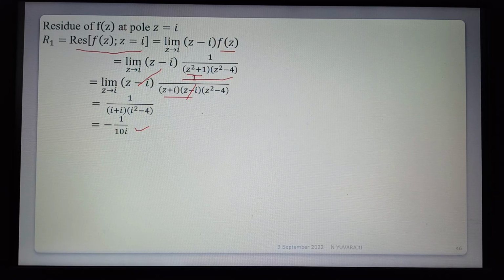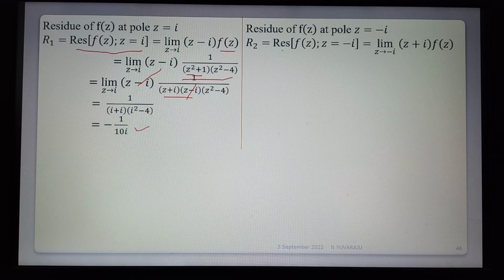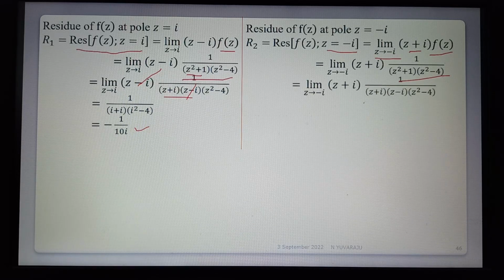The second pole is at z is equal to minus I. Now finding R2: residue of f of z at pole z is equal to minus I. So R2 is equal to the limit z tends to minus I, (z plus I) into f of z. Substituting the function here, z square plus 1 can also be factorized as (z plus I) into (z minus I). z plus I, z plus I cancel. Remaining 1 by (z minus I) into (z square minus 4).